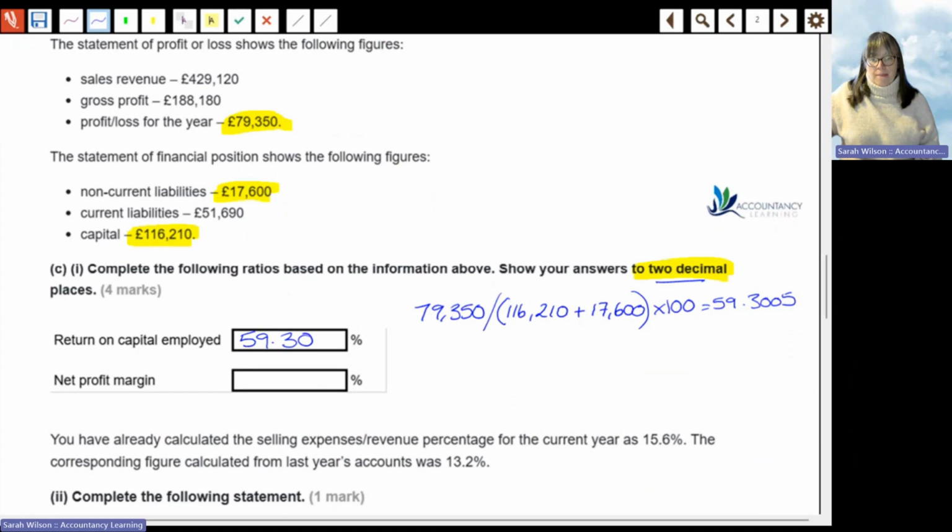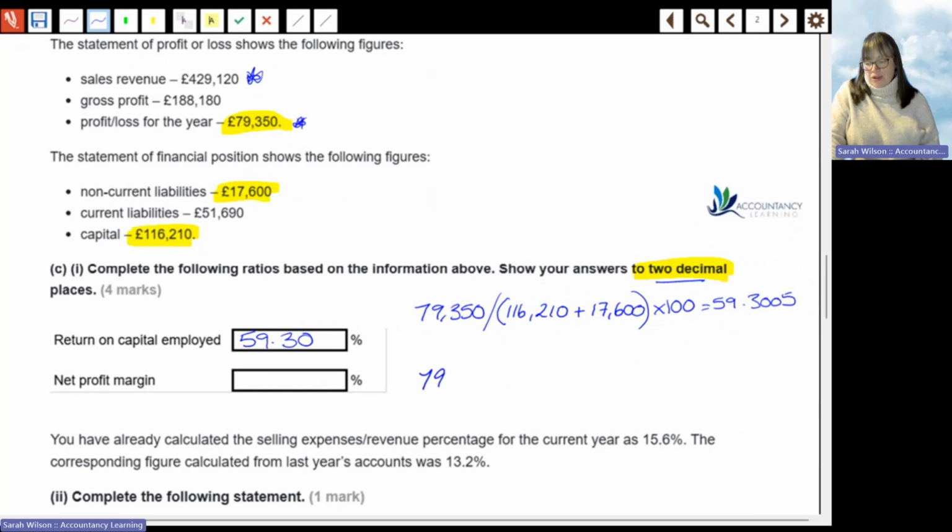Our net profit margin then. So for this one, we are going to be taking our profit figure again. We're going to be using that. And we're looking at what our net profit margin is. So we're going to be basing that on our sales revenue. So what's our margin on our sales?